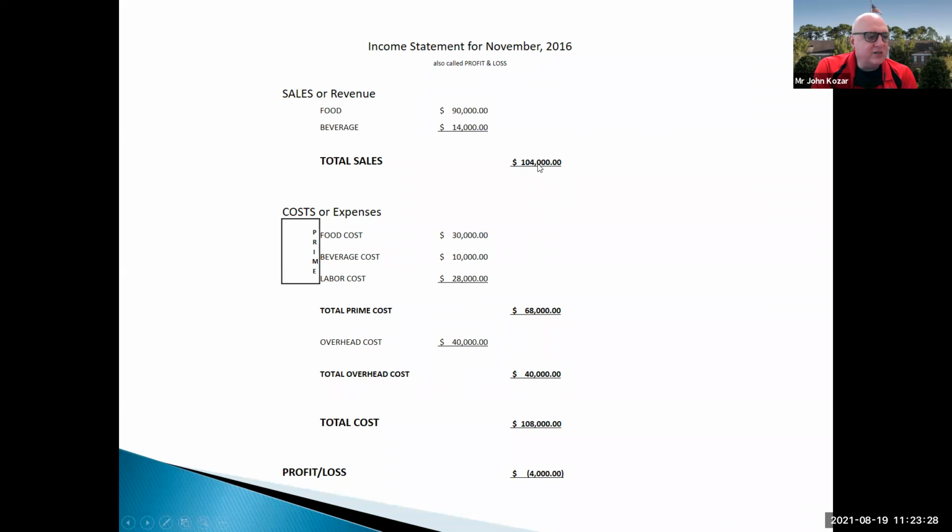So we saw a decrease in the sales. The expenses stayed the same. The total cost is the same, 108,000. But because our sales went down, our profit went down, and now we're actually showing a loss. We're losing $4,000 in the month of November.